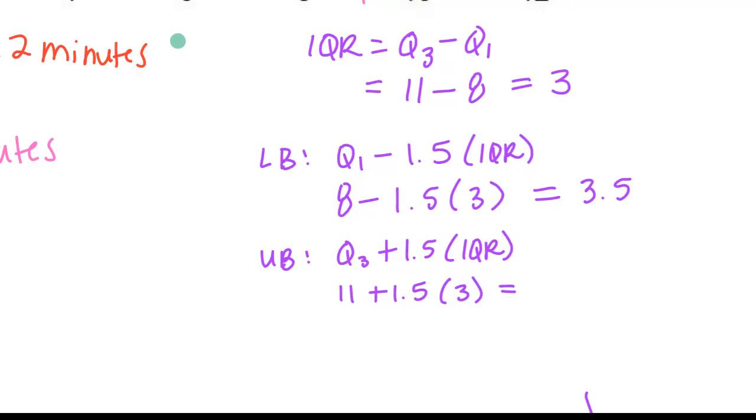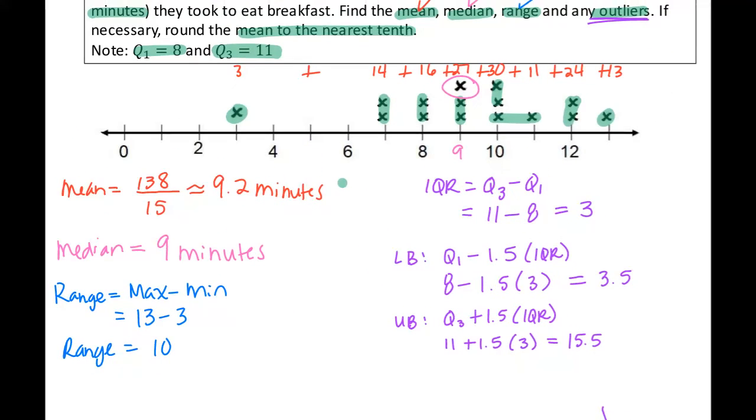On the calculator, just do 11 plus 1.5 parenthesis 3. That's just the formula. 15.5? Yeah, it's 15.5.